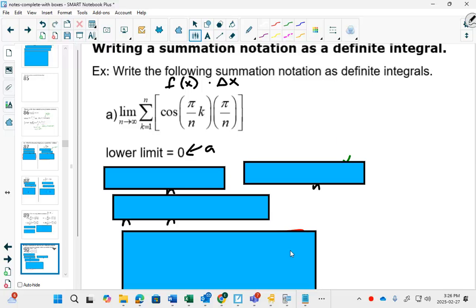So when we're looking at where our x is, when you do it in the Riemann sum, your x is always a plus your change in x times i. I don't see anything added here, right? So it has like a 0 plus. So it makes me think I want to start my lower limit at 0.